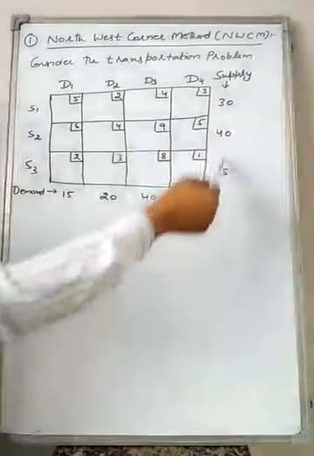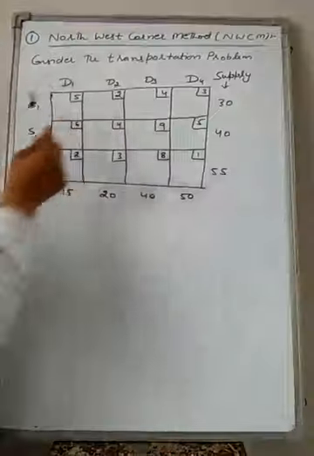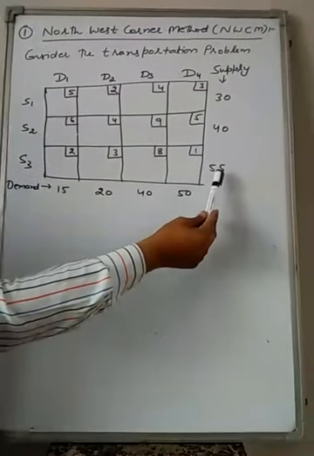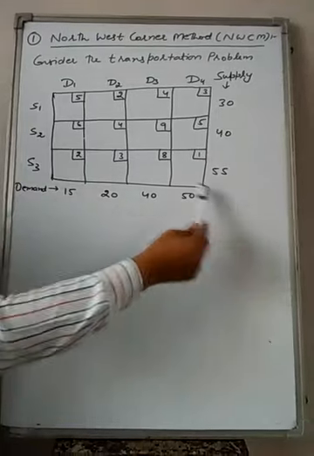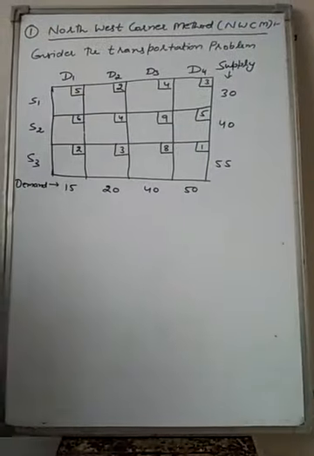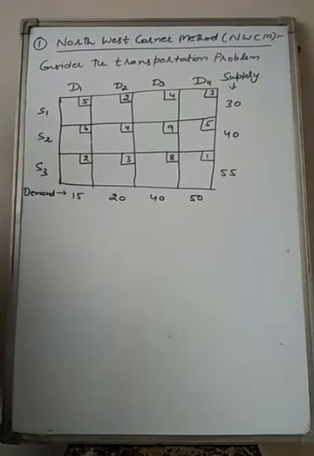These are the supplies given at the different sources. 30 is the supply at source S1, 40 is the supply at source S2, 55 is the supply at source S3. And these are the different demands given at different destinations. Firstly, we will check whether the problem is unbalanced or balanced.